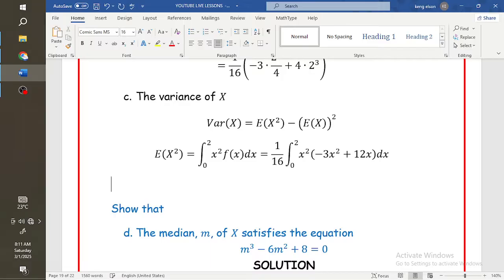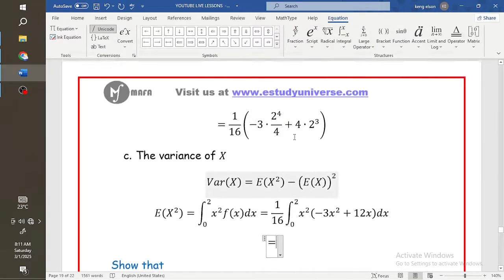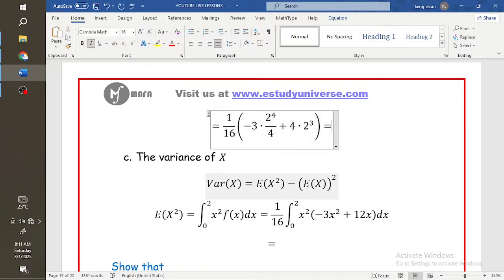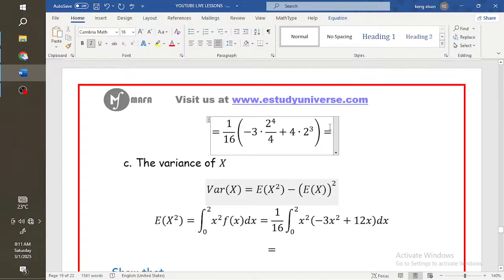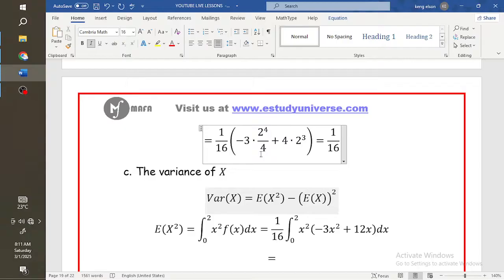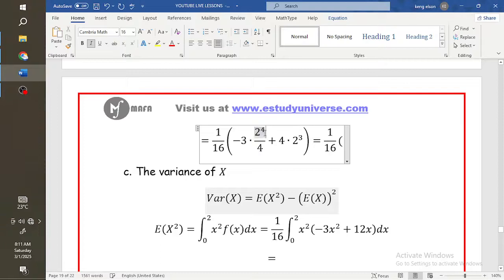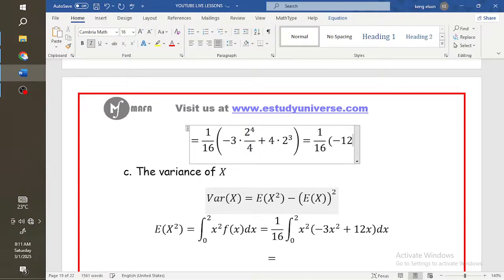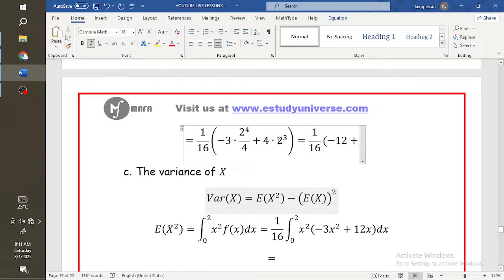So what does this give me? In fact, let us just simplify to the end. Just that I have a calculator here, so I might be taking a little bit of time. Now, 2 to the power 4 is 16. 16 over 4 is 4. Times 3 is -12. Then plus 2 to the power 3 is 8. 8 times 4 is 32.